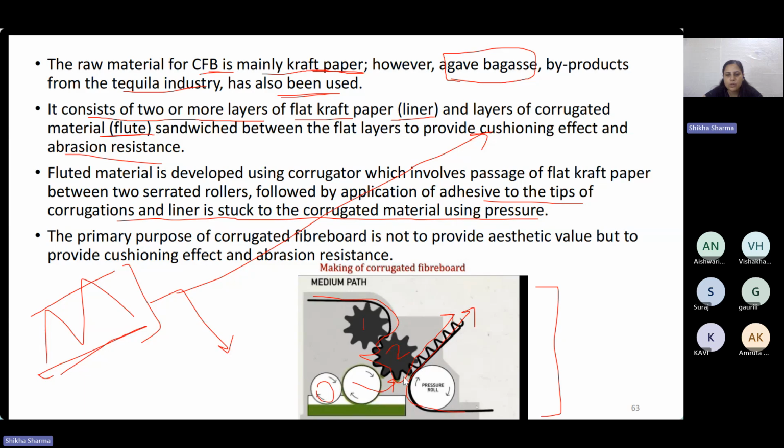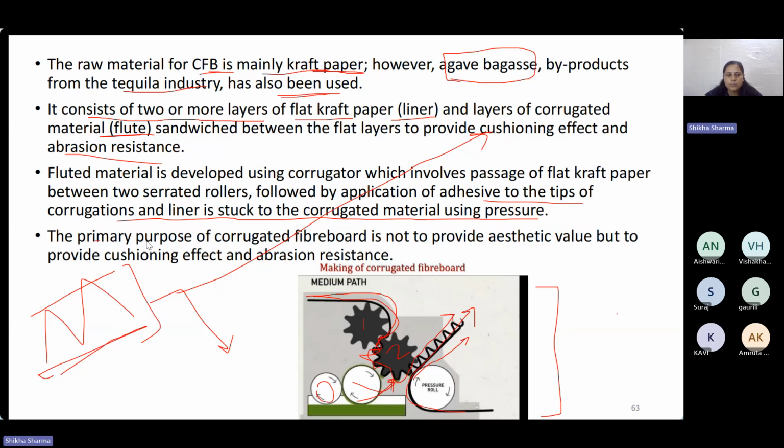From this kraft paper, first the flat kraft paper will come, it will become corrugated, and then glue or some adhesive material will be attached, and from these rolls, pressure will be put on the flat kraft paper, and the corrugated one will stick to that.